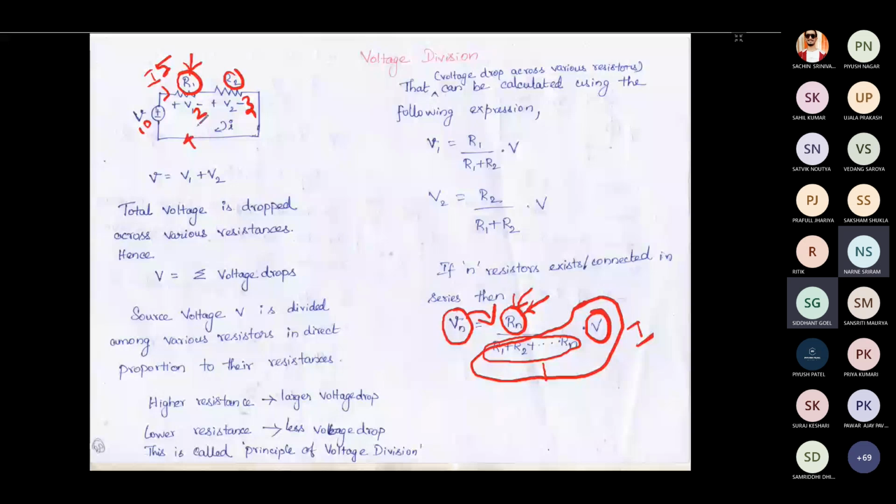You can understand that whichever has the higher resistance value in the circuit will have the higher voltage across that element, because here the current is fixed. Since the current is fixed, V is equal to I into R for both elements: V1 is equal to I into R1, V2 is equal to I into R2. So I is fixed for both, and whichever has the higher value will have the higher voltage across that element.